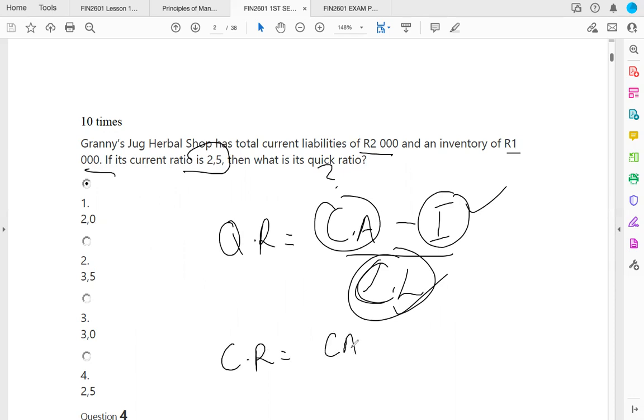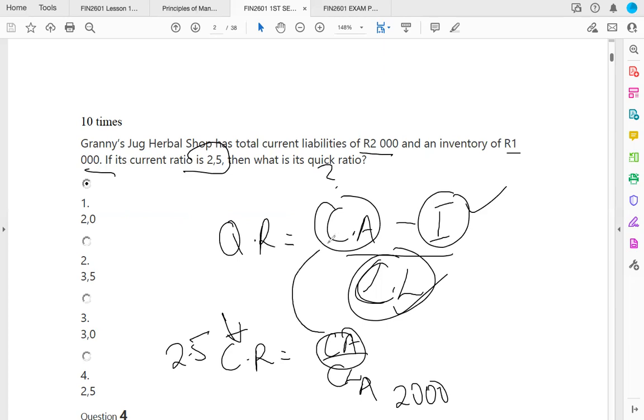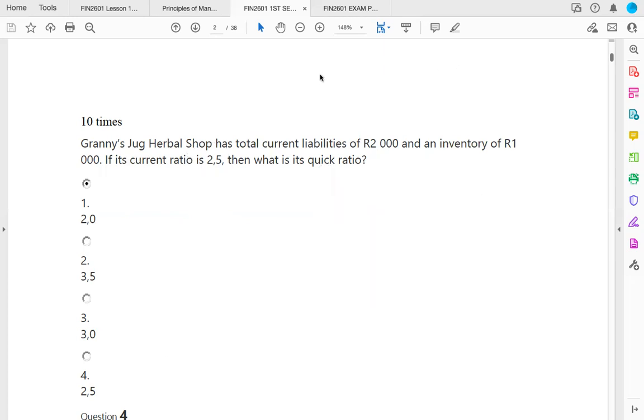The current ratio is our current assets over our current liabilities. We can substitute in our current ratio. We can substitute in our current liabilities. And then we can easily find our current assets. And then once we find our current assets, we can substitute them there. Then we can subtract inventory divided by current liabilities. And then we'll have the answer.